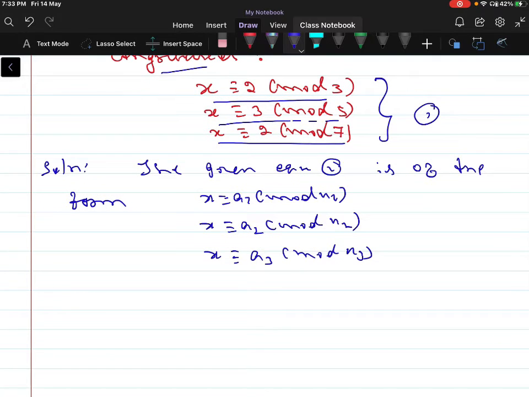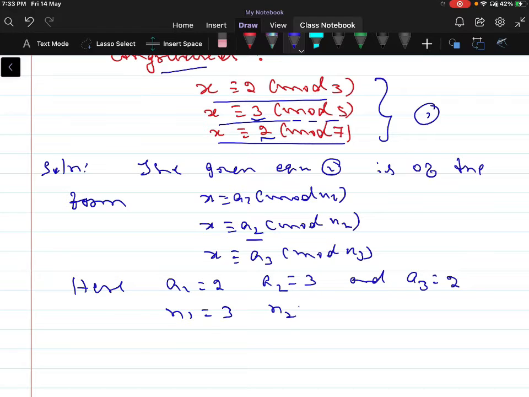So here we can take a1 is equal to 2, a2 is equal to 3, and a3 is equal to 2, and n1 is equal to 3, n2 is equal to 5, and n3 is equal to 7 from the third equation of equation 1.